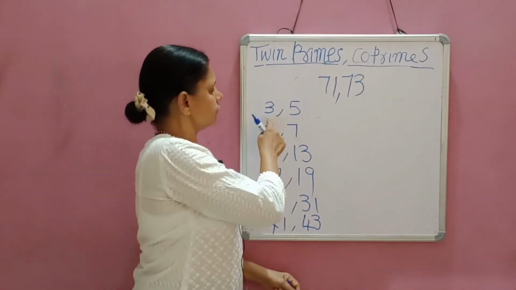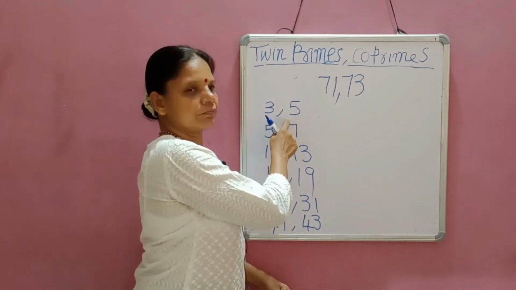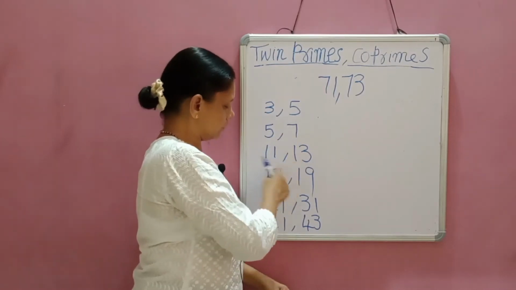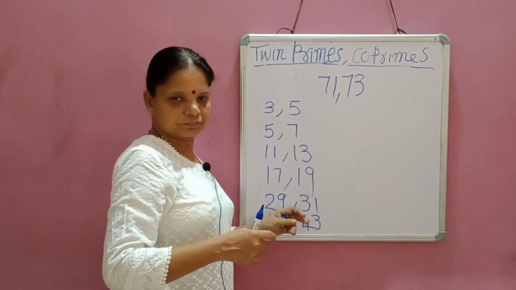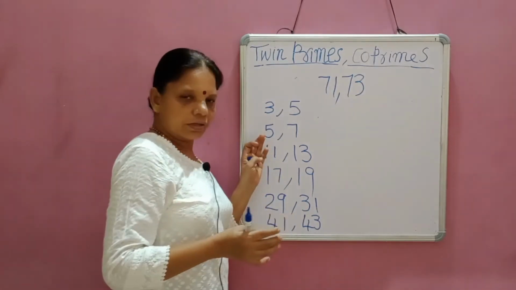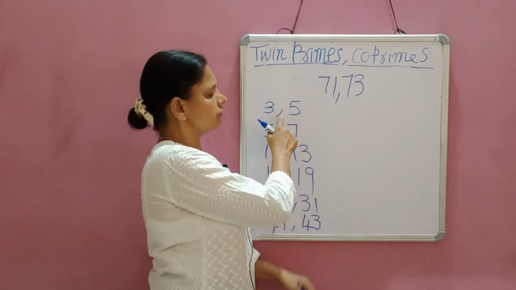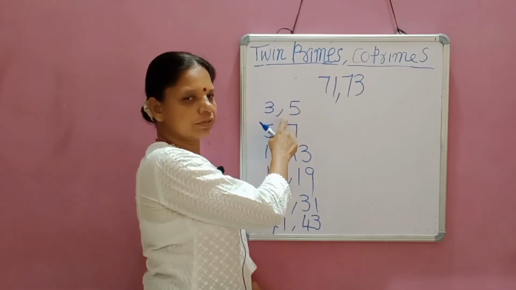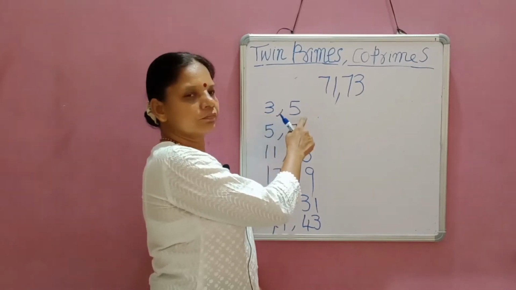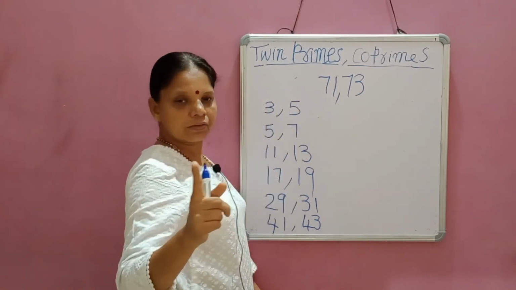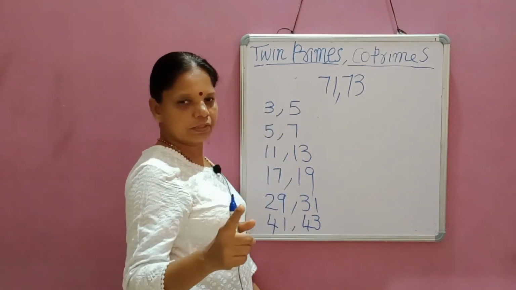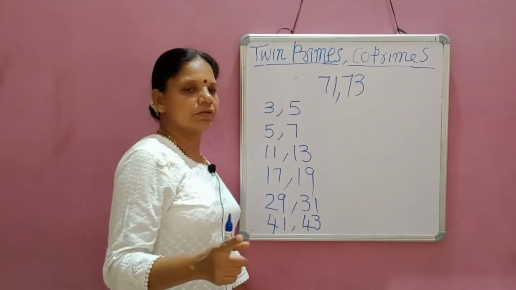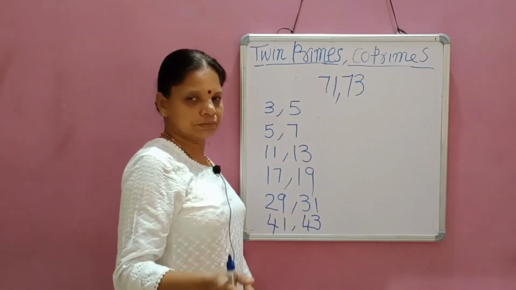So what is the difference between 3 and 5? 2. 5 and 7, 2. 11 and 13, all the difference is 2. In other words, there is only one composite number in between these two prime numbers.